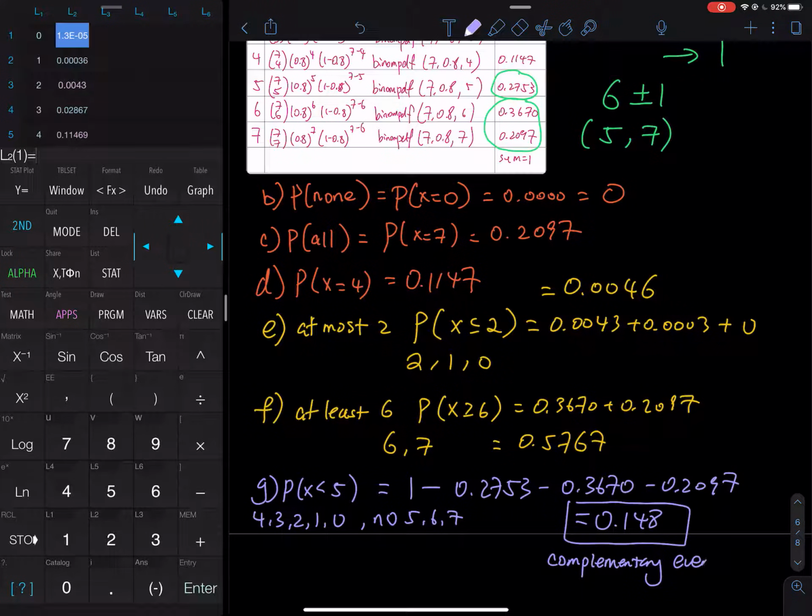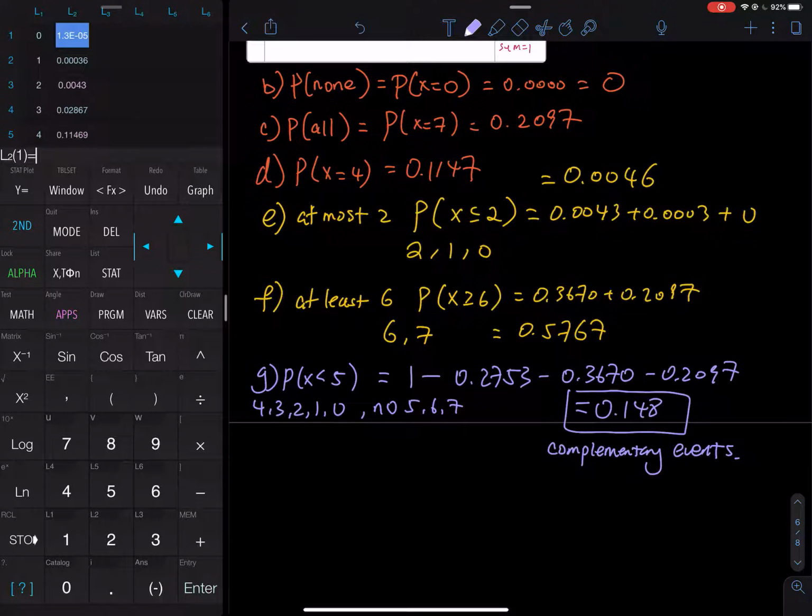If you go the other way, 4, 3, 2, 1, 0, the probability of 4 is 0.1147, and then plus 0.0287, plus 0.0043, plus 0.0003, and then the last one is 0, and then let's add them.